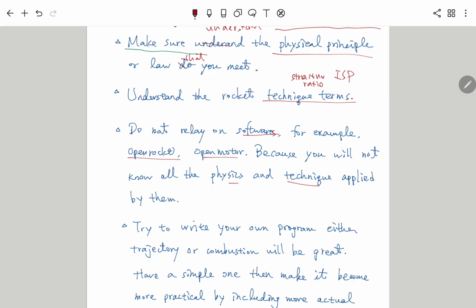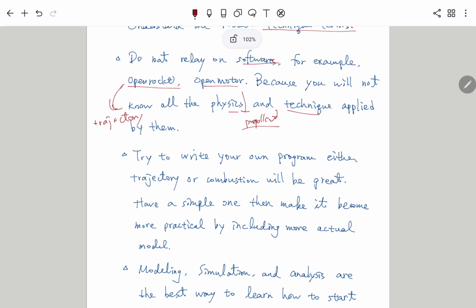You will miss the point of how to calculate the trajectory. You will miss how to design the propellant or see how the propellant works, because they are packaged business software.